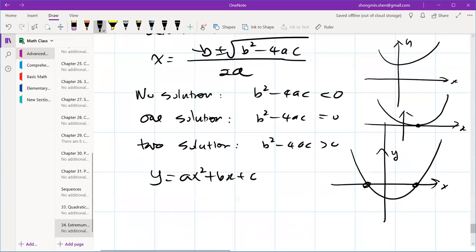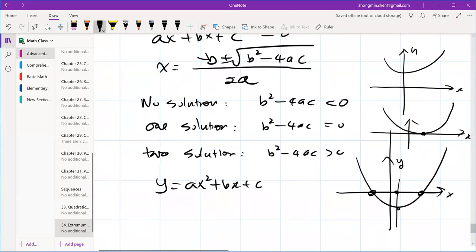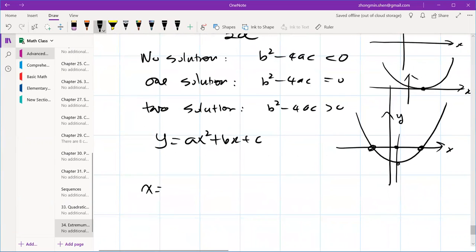The middle point, you can see, is because of the plus minus. The middle point is negative b over 2a, between those two intersection points, because the solution is negative b over 2a plus minus the square root of b squared minus 4ac over 2a.